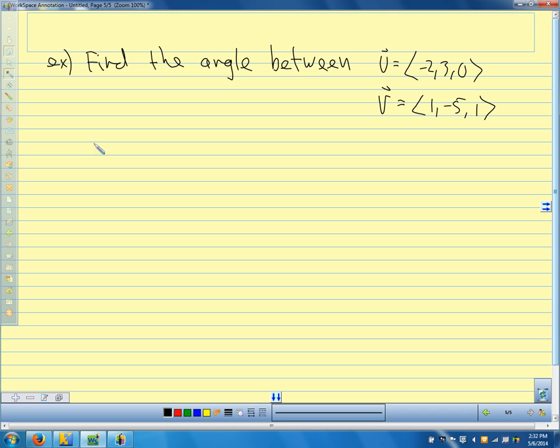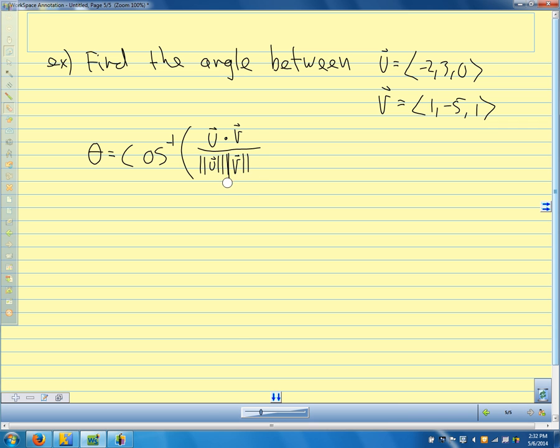So we know that our angle theta is going to be the inverse cosine of u dot v over the magnitude of u times the magnitude of v.